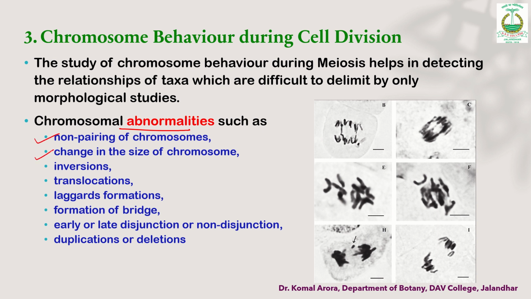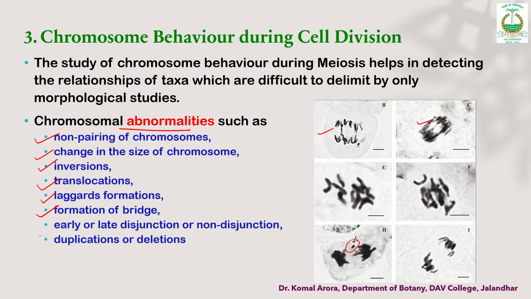There may be a change in size of chromosomes during meiosis, inversion, translocation. Then laggard formation. A laggard is a chromosomal segment without centromere. There is formation of bridges, which is the most common one. You can observe here the chromosomal bridges. Here we can see a laggard, which is an acentric fragment, so it cannot place itself on the spindle apparatus.